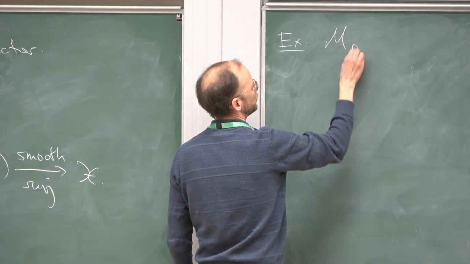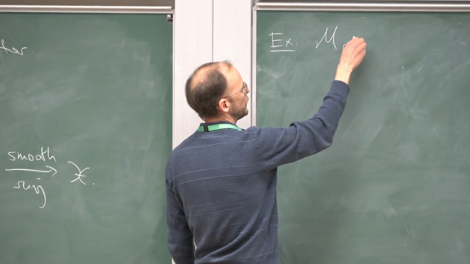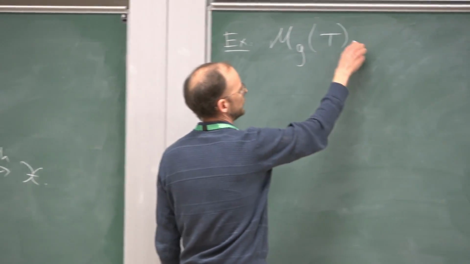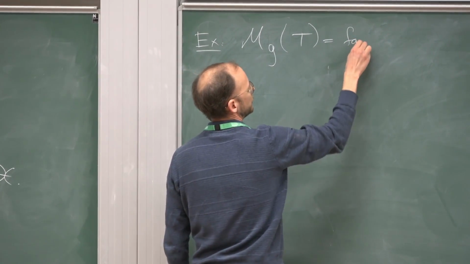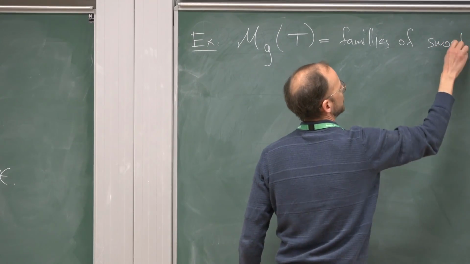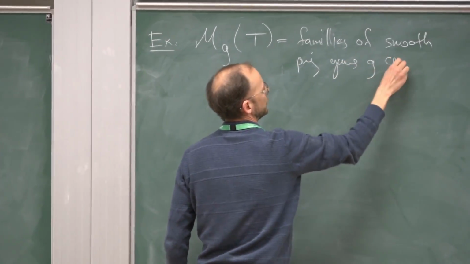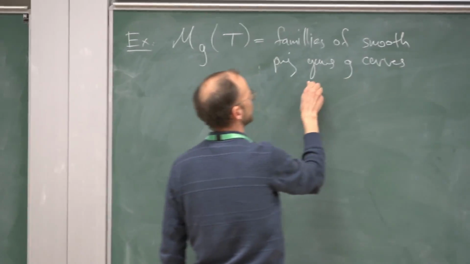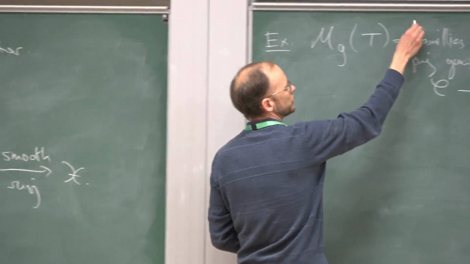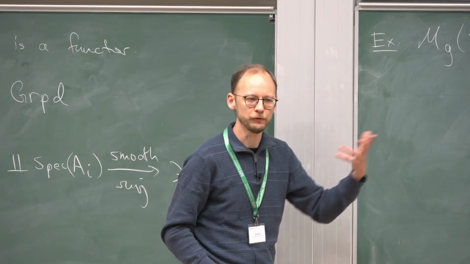If we do moduli of curves, this is going to be a functor that on a scheme T gives me families of smooth projective genus g curves over T. But I don't want to consider this as a set, but I want to remember automorphisms of curves.